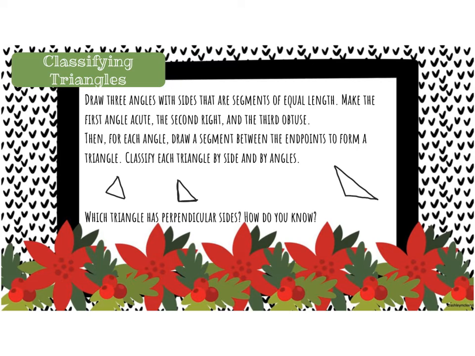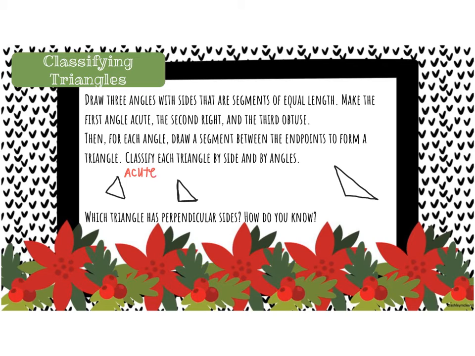We will classify each triangle by side and by angles. So everybody find your acute angle that you drew and you just closed it up to make a triangle. How would we name that triangle? Here's my acute one right here. How would I name this triangle based on its angles? It is acute.